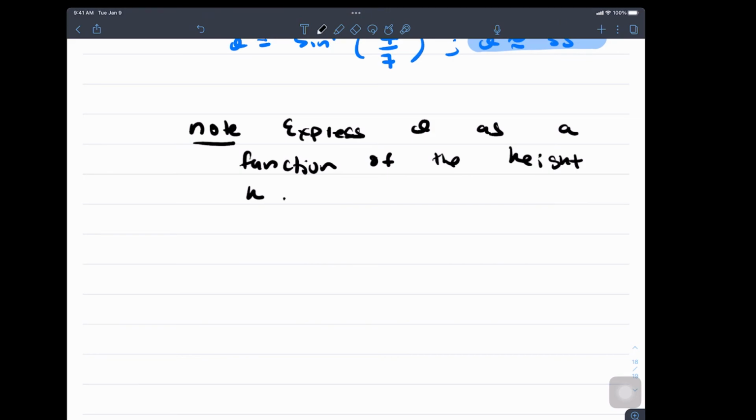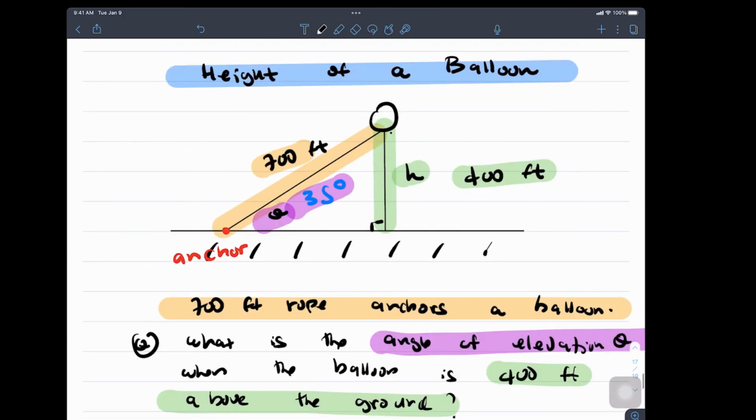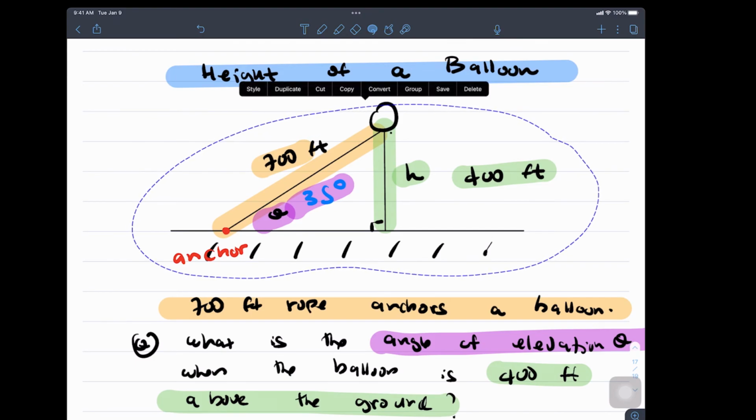Okay, express theta as a function of the height. So you go, what are they talking about? Okay, let me copy that.